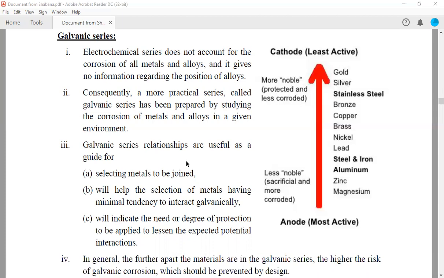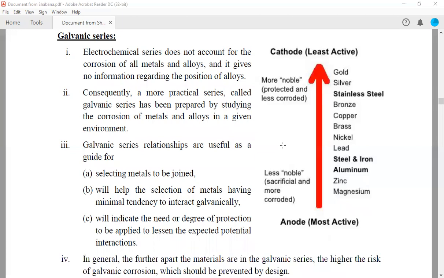The galvanic series gives the relationship and is useful as a guide for selecting the metal to be joined, which metal has to be joined to which metal.